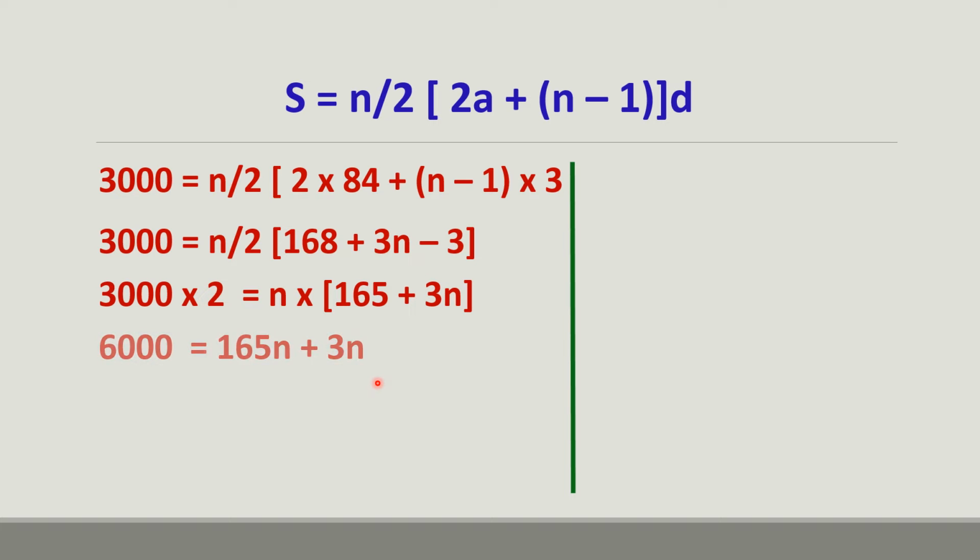Now 3000 into 2 is 6000, equal to 165 into n, which is 165n, plus n into 3n, which is 3n square. Now the next step is taking all this to one side. 3n square plus 165n minus 6000 is equal to 0.